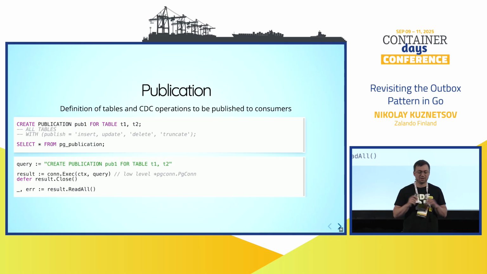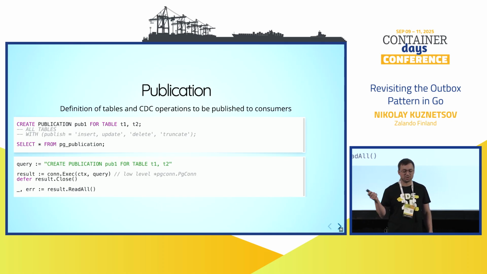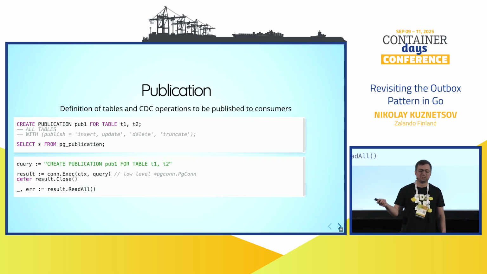Nothing active happens at that moment. We just define which tables, like the outbox table in the outbox pattern case, it would probably be just an outbox table, and then we would publish only inserts. It's very configurable, and you can query Postgres and see what publications you have already configured. And this is the second code snippet, how it looks in Go using this pglogrepl library.